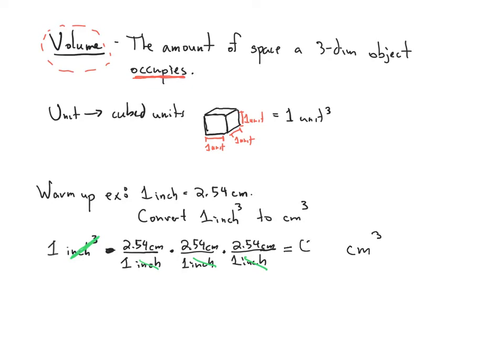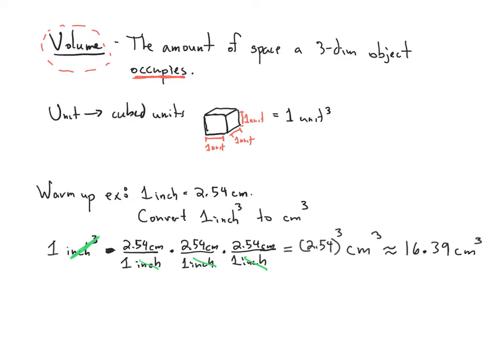So we just need to figure out what 2.54 times 2.54 times 2.54 is. And I'll just write an approximation here, but you could check. It's really close to 16.39 centimeters cubed. So roughly 16.39 little centimeter by centimeter by centimeter cubes fit inside 1 inch cube.